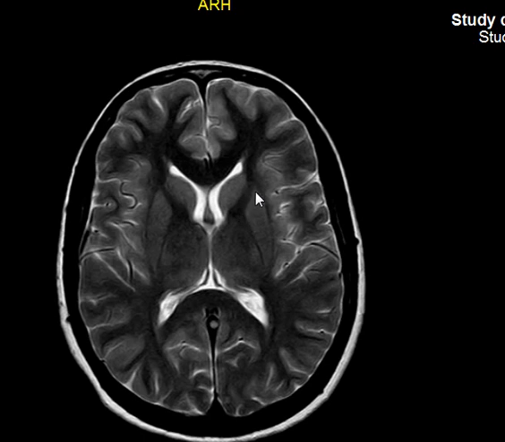So the caudate with the lentiform together are called the corpus striatum. Corpus means body, striatum means striated, the striated body. They are linked together by fibers that make up the corpus striatum.